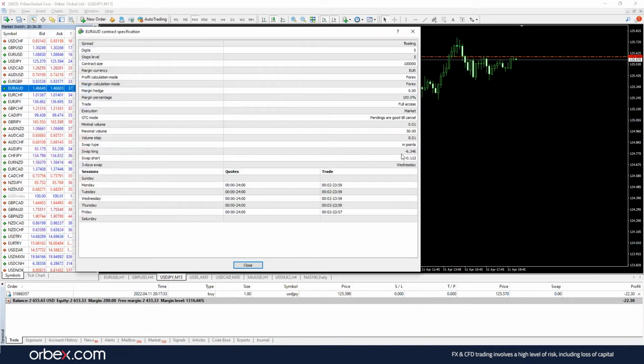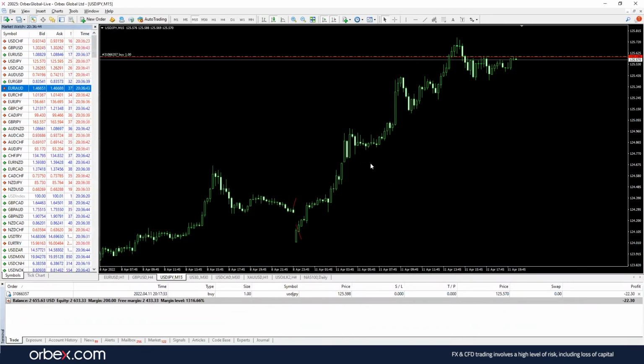And again, negative, negative. However, for a selling position, as I said, this is in points. This is going to be 0.01, so it's like 1 cent, which is hardly nothing for a swap amount, depending on your volume as well. So very important to note in that respect as well.